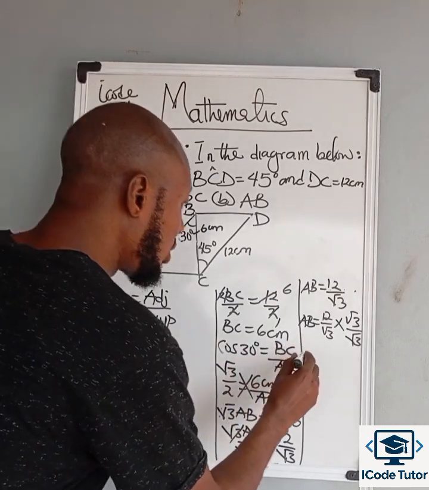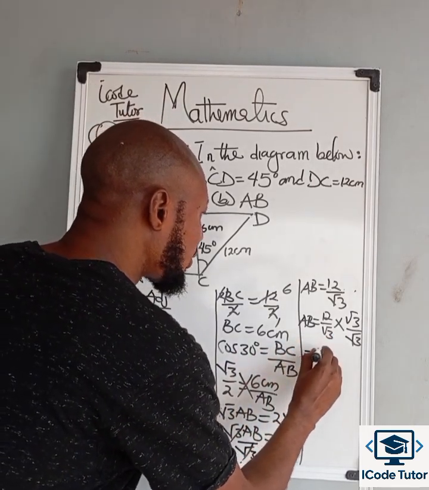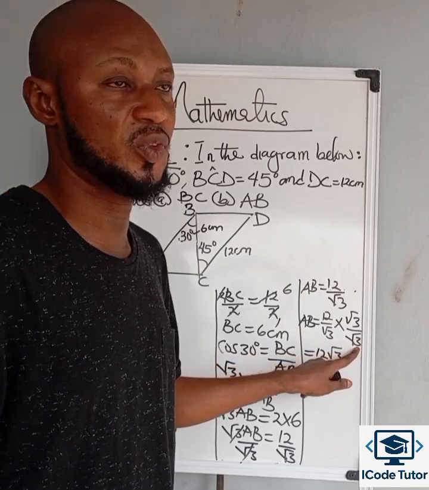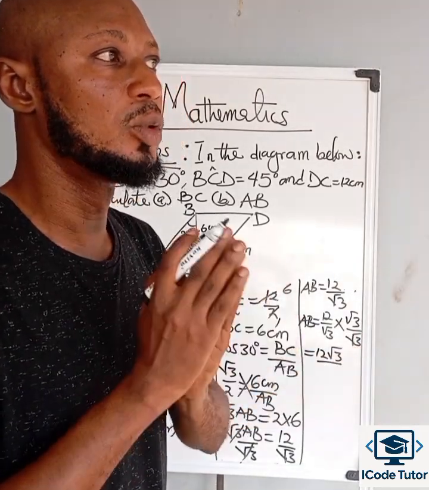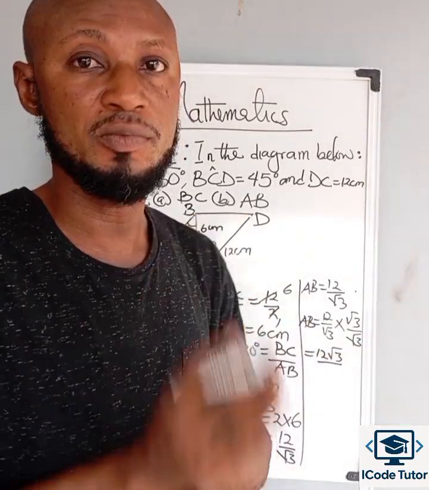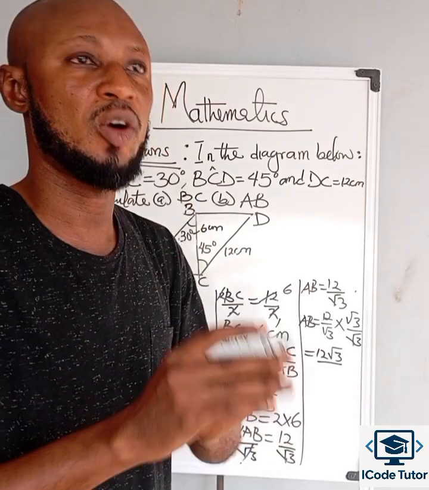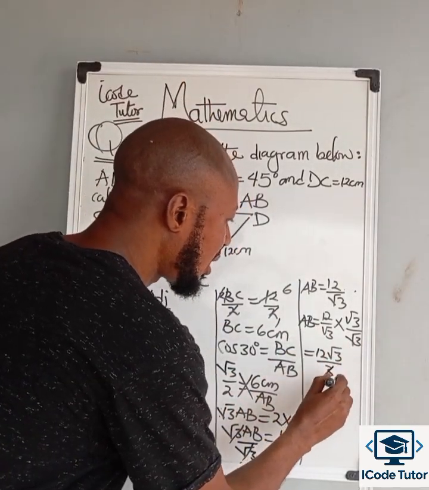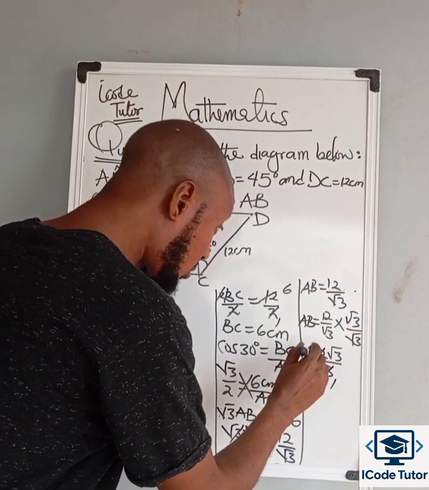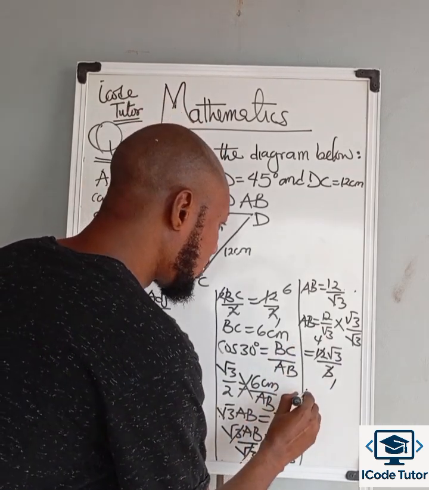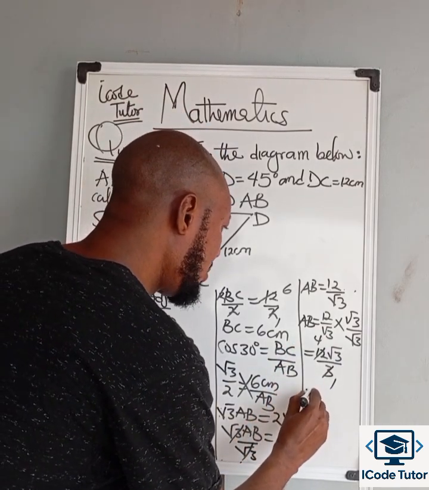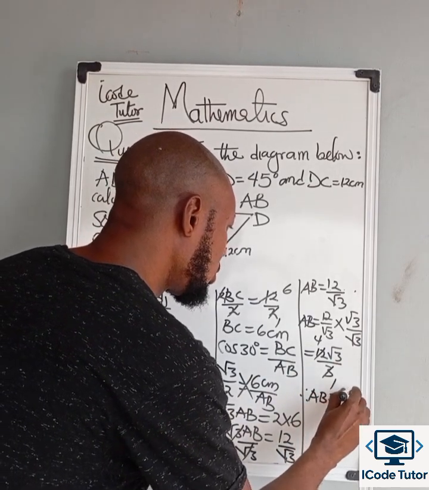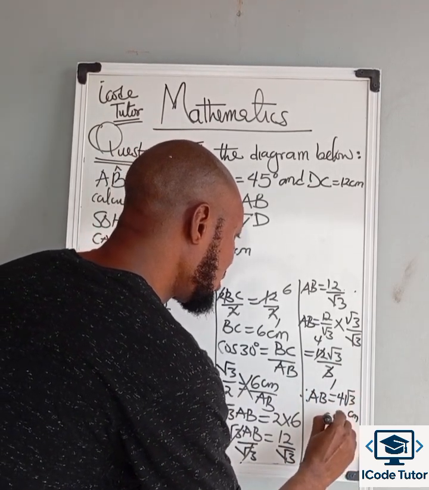When you multiply roots of the same number, it gives you that exact number. That means that root 3 multiplied by root 3 is 3. 3 into 12 is 4. Therefore, AB equals 4 root 3 centimeter.